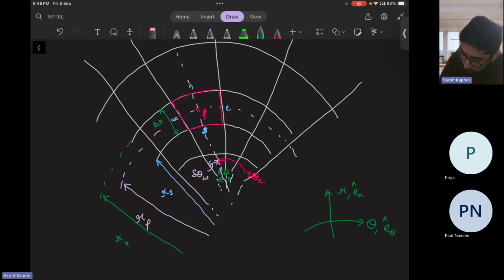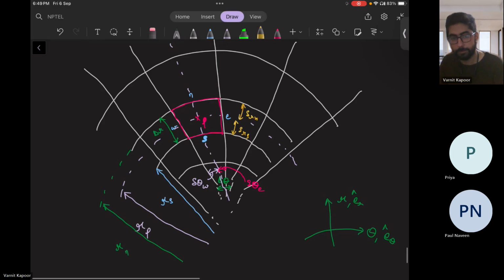Similarly for north and south, this much is del Rn, and this much is del Rs. Del Rn, del Rs, del theta west, del theta east, and all the radii, and del R is the width of a unit cell.